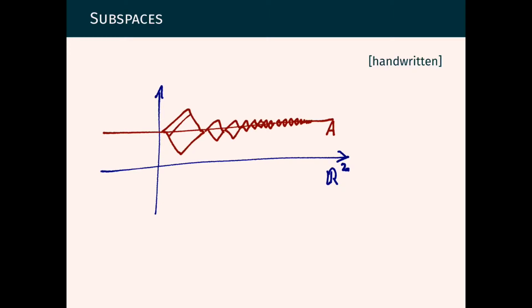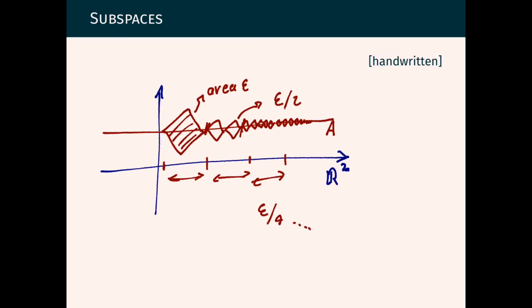If we start with some rhombus that contains a segment of A that has area epsilon, we see that the next interval of the same length as the original one, if we split it into two rhombi now instead of one, will have area epsilon over 2, and if we keep doing this, the next one will have area epsilon over 4, and so on.